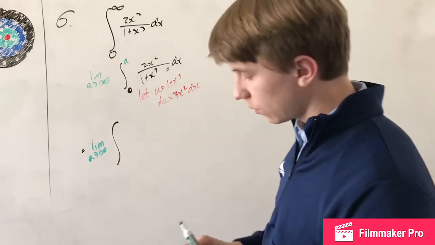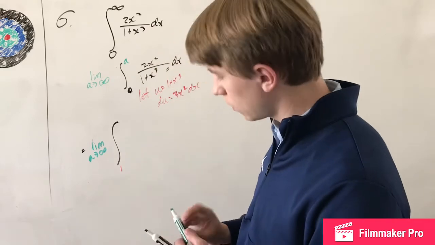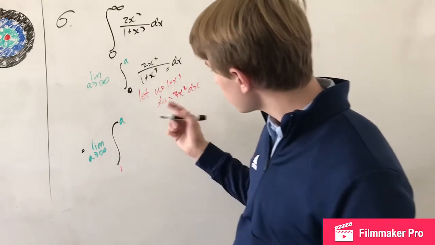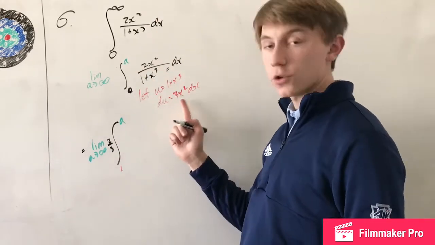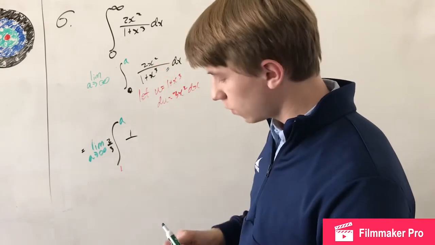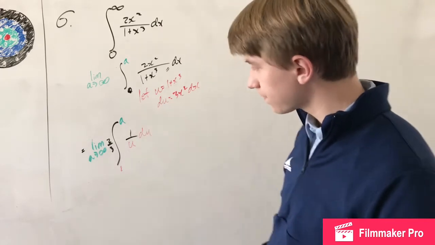So we end up with the integral from 1 up to a. And then we have 2/3 out front. There's a 2 from here and a 1/3 from here. And then the x squares will cancel out, so we just have 1 over u du.